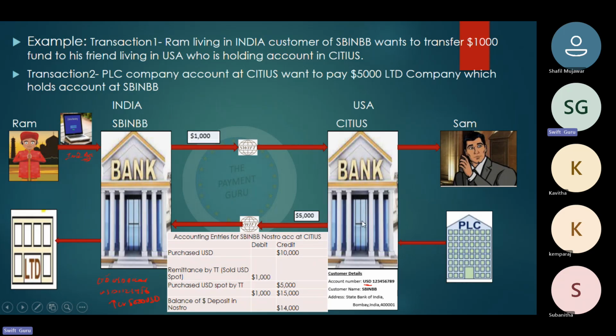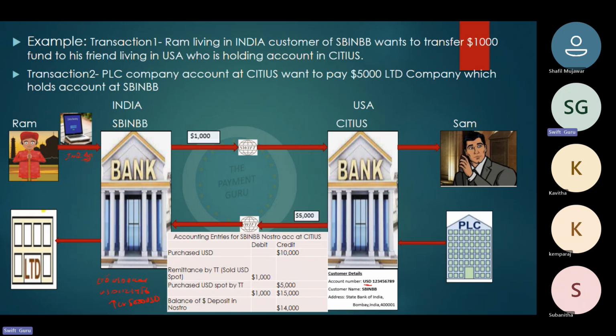Similarly, $5,000 was credited to this account, which is why you see $5,000 on the credit side. So the final position on this account is $14,000 long position. Long position means it is a positive position, right?